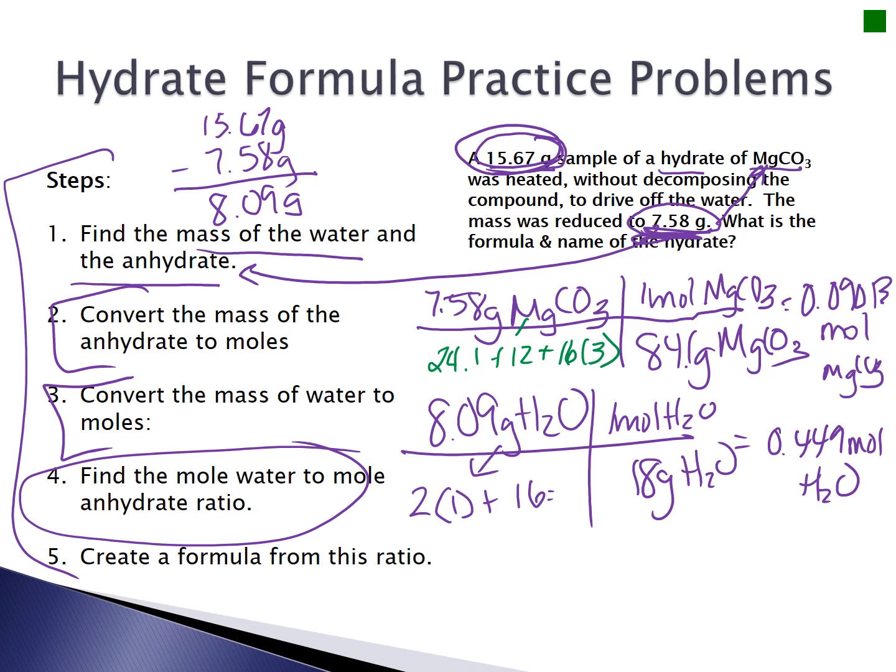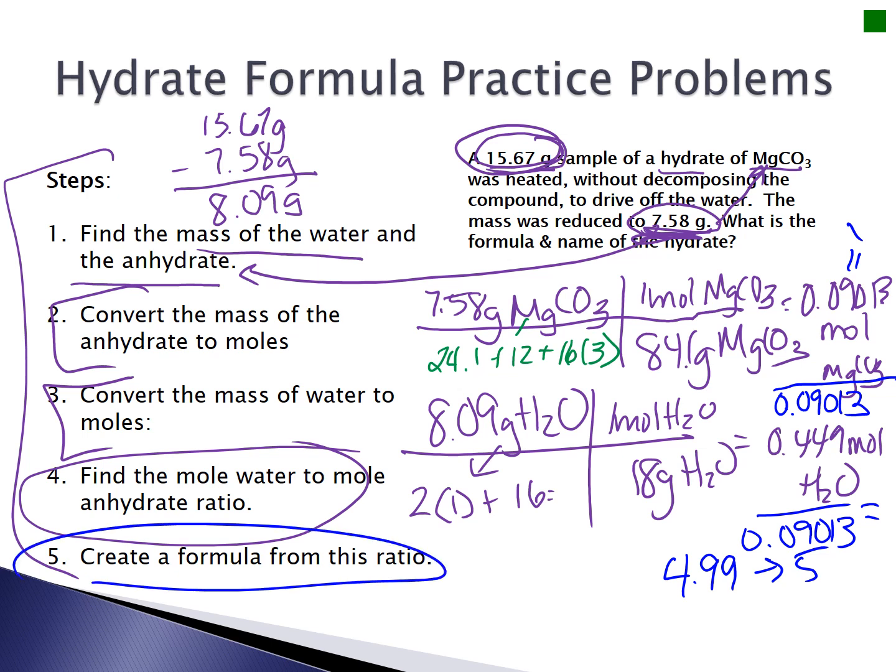What you're going to do is divide by the lowest number. So in this case, I'm going to divide 0.09013 by 0.09013. It should always be the anhydrate, by the way, the MgCO3 or that ionic compound. So for this one, we get a 1. And when we divide 0.449 by 0.09013, you get 4.99, which rounded is 5.